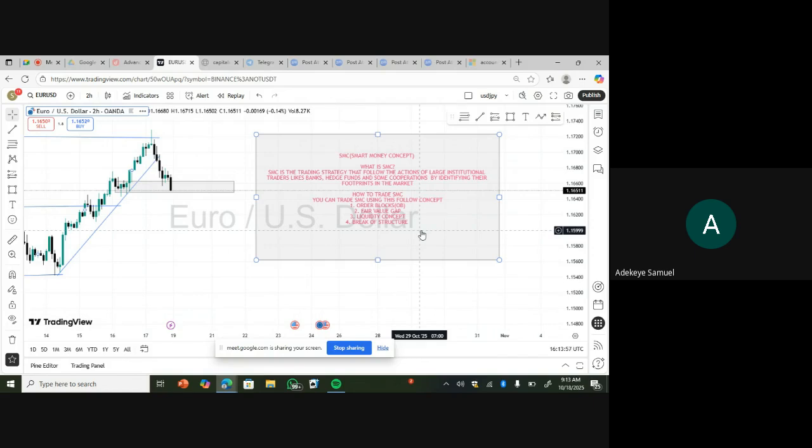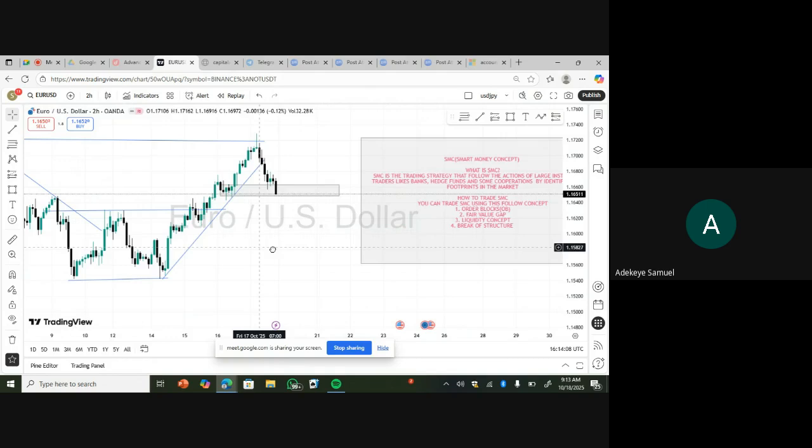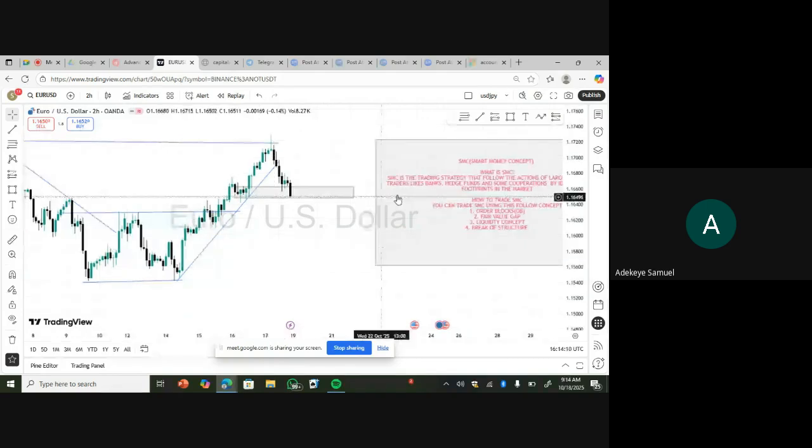That is the definition of SMC. By identifying the structure of the market, basically. That's what I mean by that. By following the footprint of the large institutional traders.